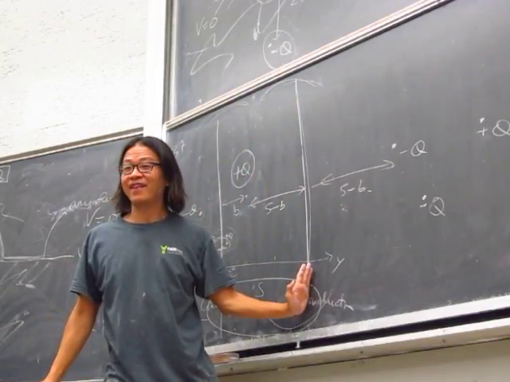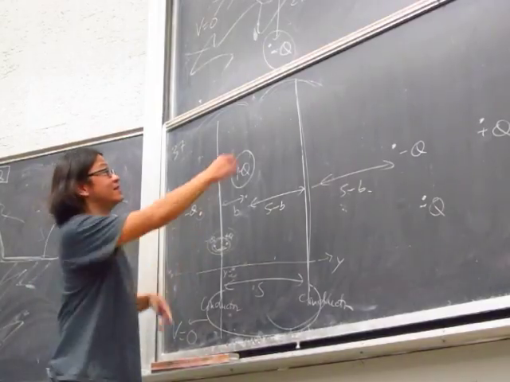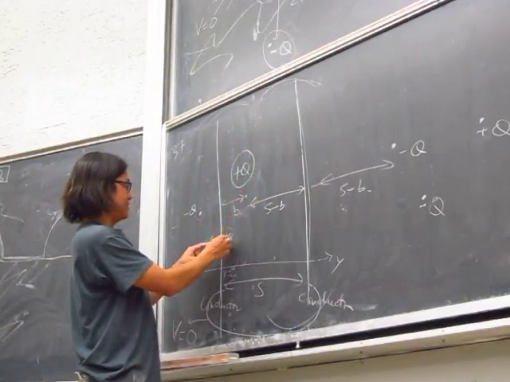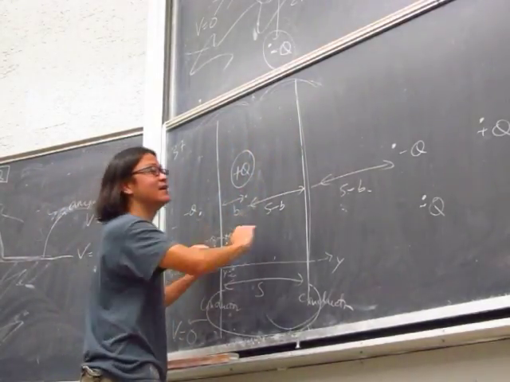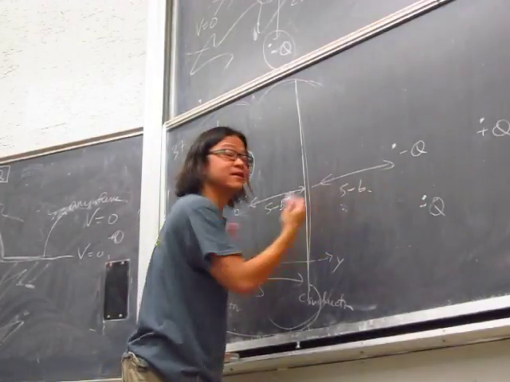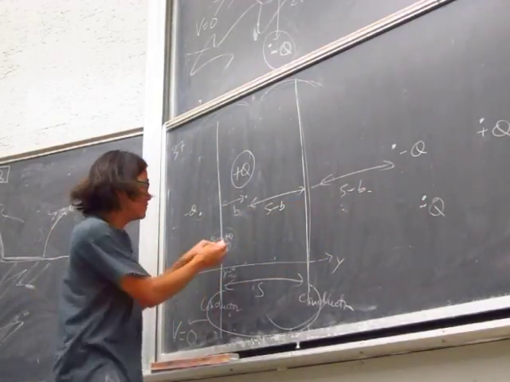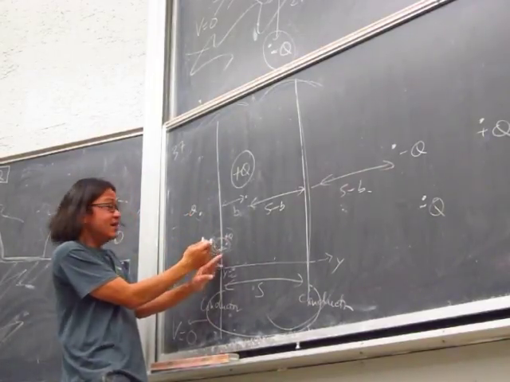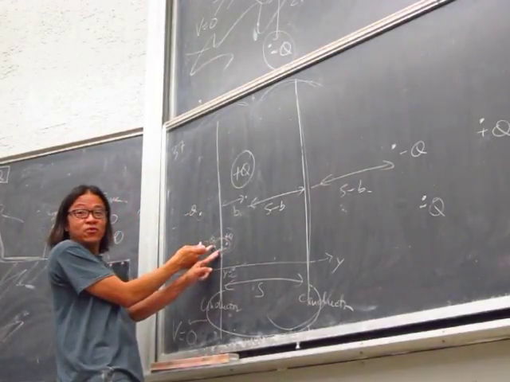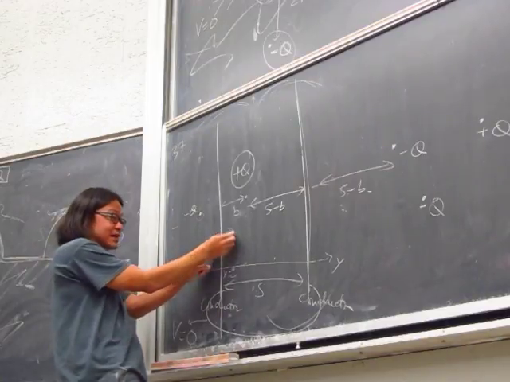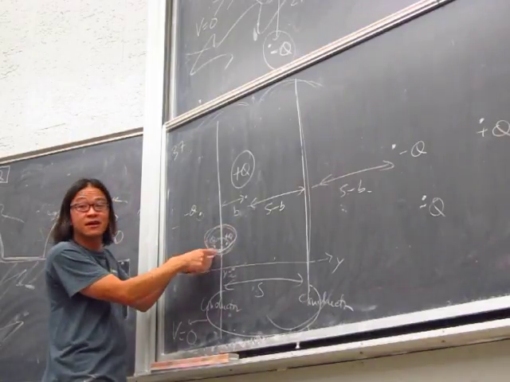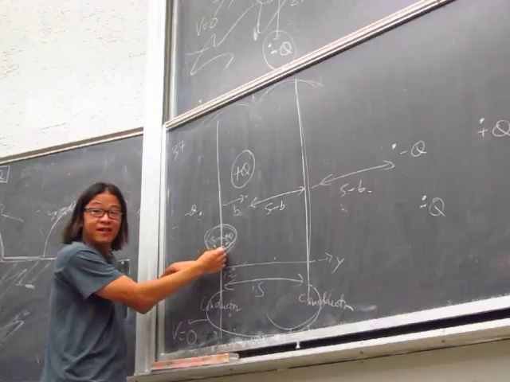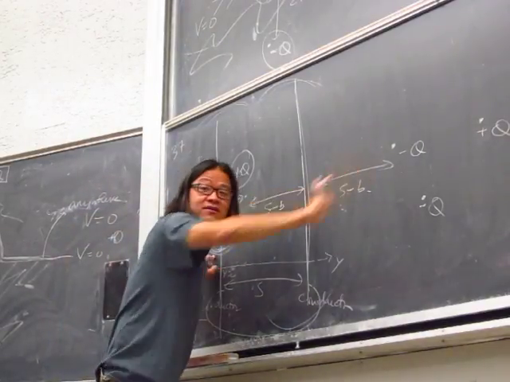Can you go over that one more time? I'm saying that the iteration, you have to stop at this one iteration. If plus Q is so close to the left plane, then you have an image minus Q next to it, and basically all the field lines will be concentrated in between this dipole, leaving almost nothing on the other side.